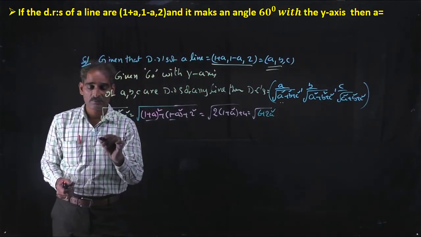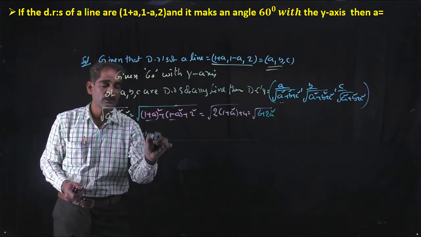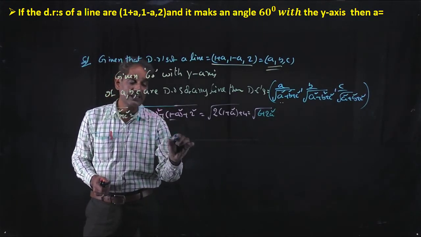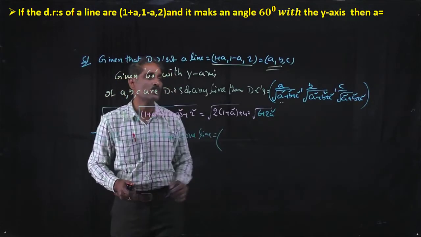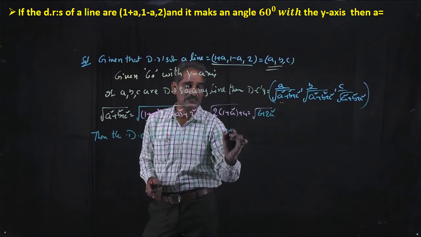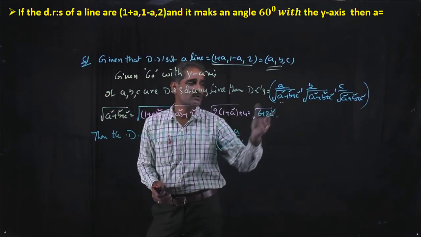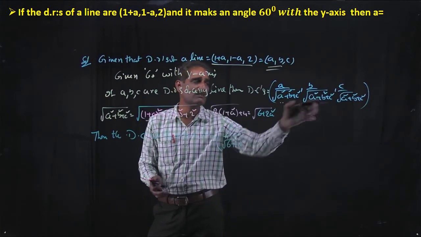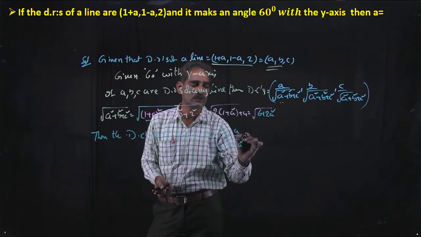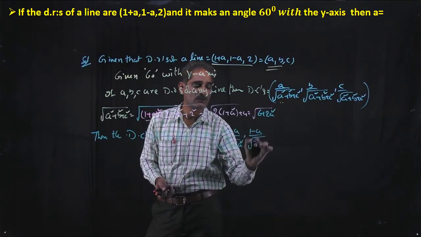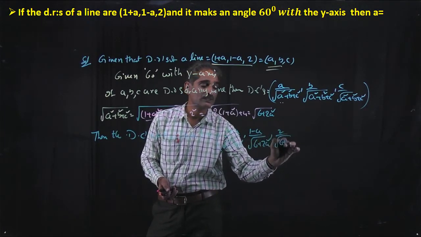Then the DCs of the above line are 1 plus a by root of 6 plus 2a square, 1 minus a by root of 6 plus 2a square, and 2 by root of 6 plus 2a square.